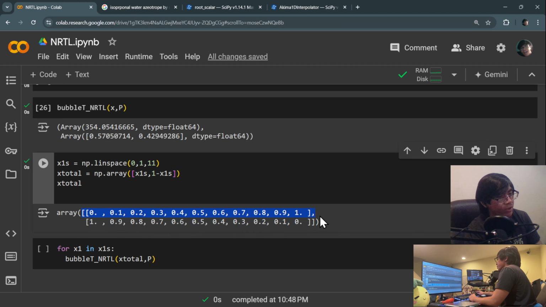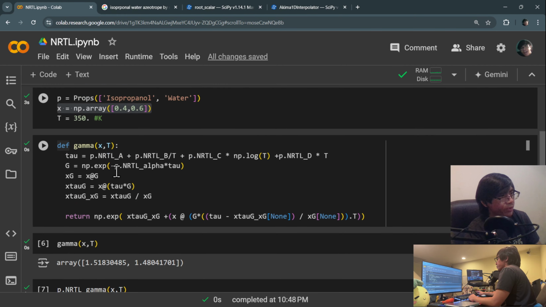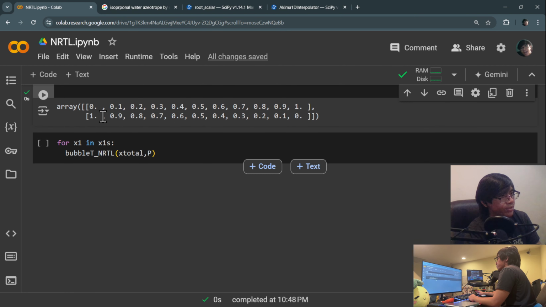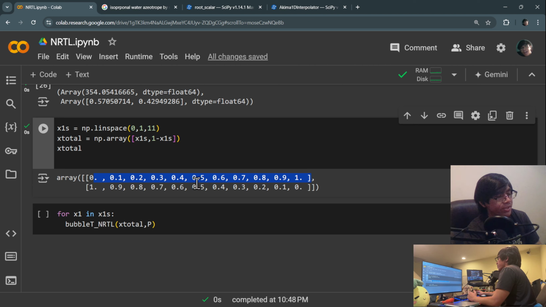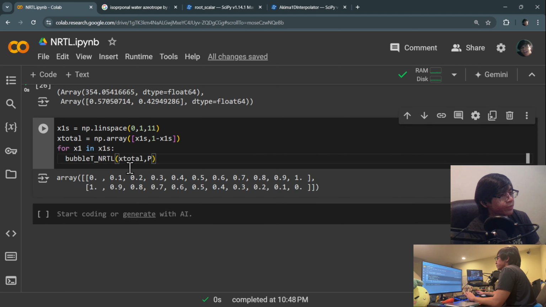Oh, yeah, we actually got our points. So instead of just the 0.6 and 0.4, 0.4 and 0.6, the first array we can call isopropanol and the second one is water. Instead of just these two points, now we have all the points supplied for each side. So that should work. Go ahead and do that. All right, so what do we get from doing this?